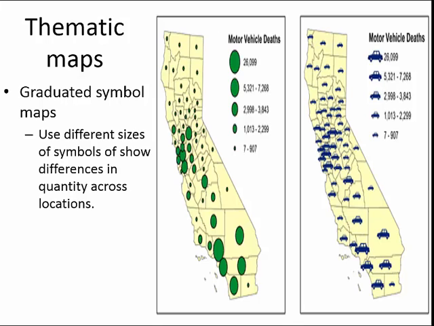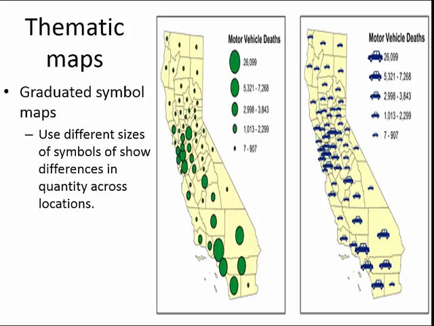The larger symbols show there are more deaths, and this cartographer has got to decide, okay, am I going to use the green circles, these graduated symbols, or what about using larger automobiles down to smaller automobiles to display my data?